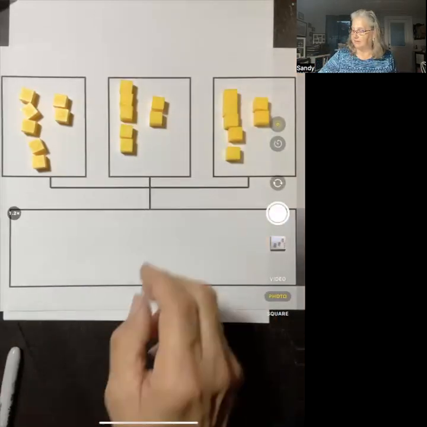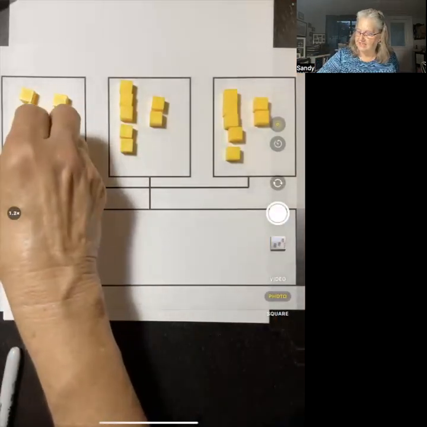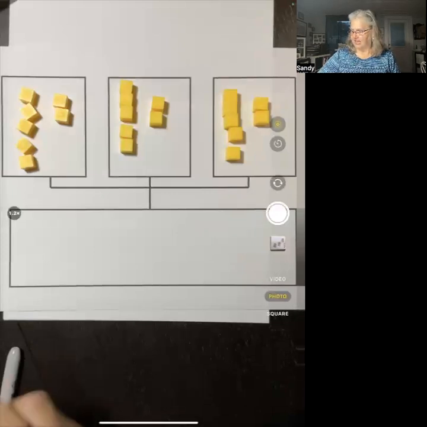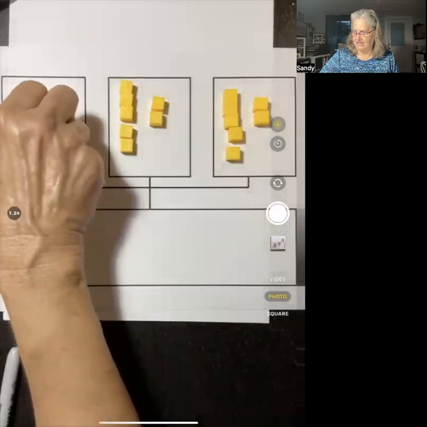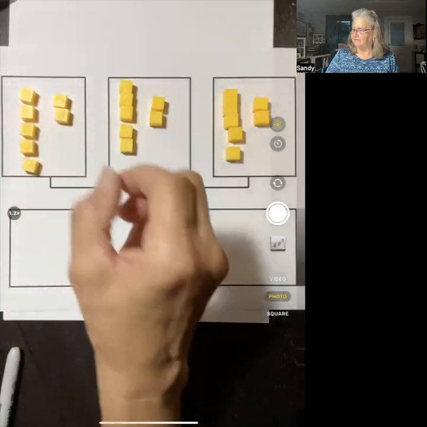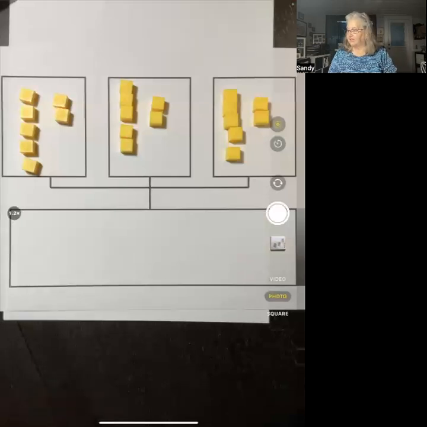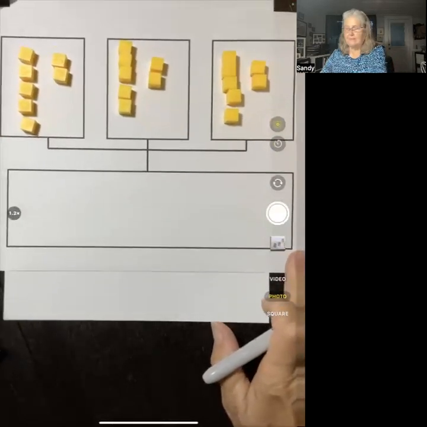And the reason for organizing it in some way, it could be a domino dot image. Here's a 5-frame image. The reason we're doing that is I don't want your child to have to repeatedly count everything. I also don't want them relying on a count all strategy, having to count each of these by ones. I'm wanting them to see the 5s and the 2 in this case. What is 3 groups of 7? 3 times 7?